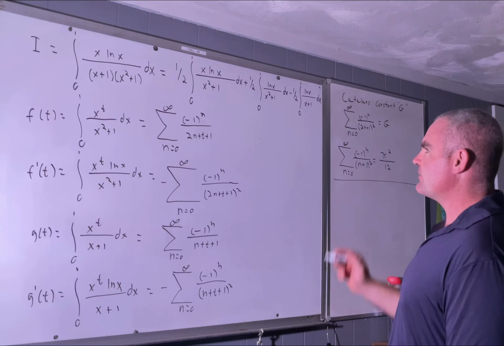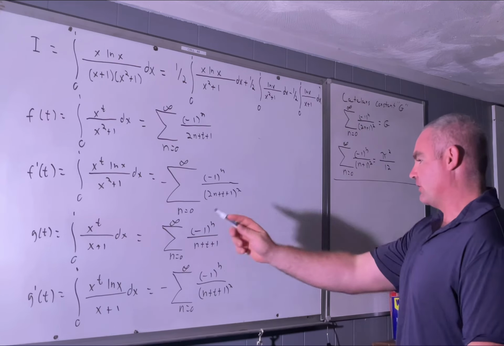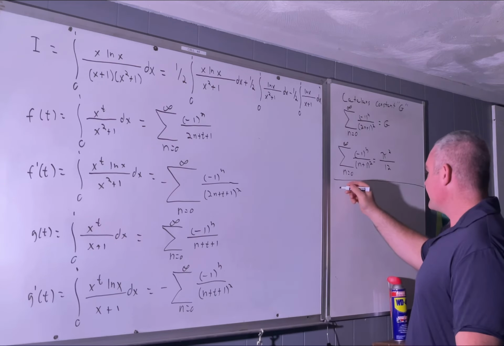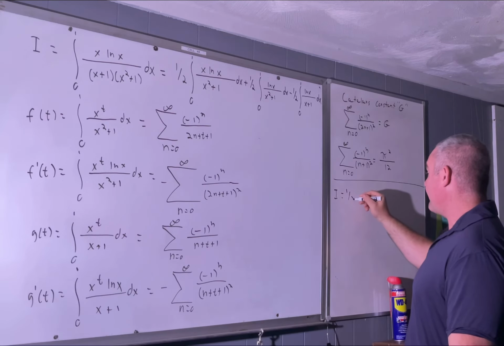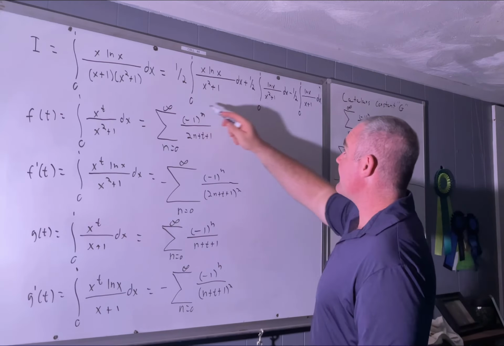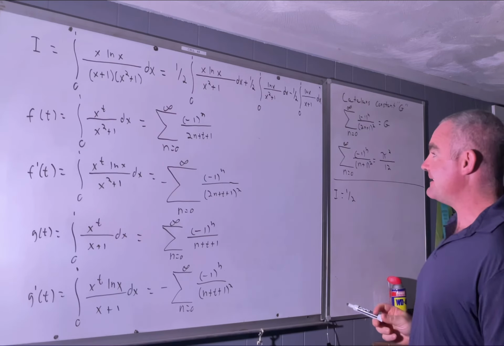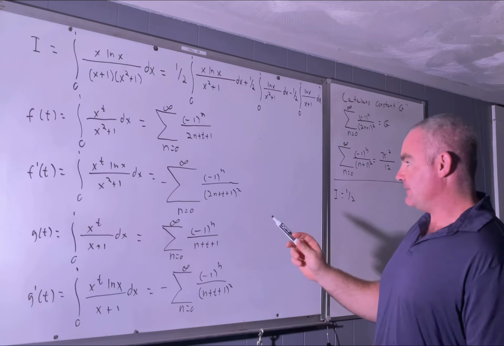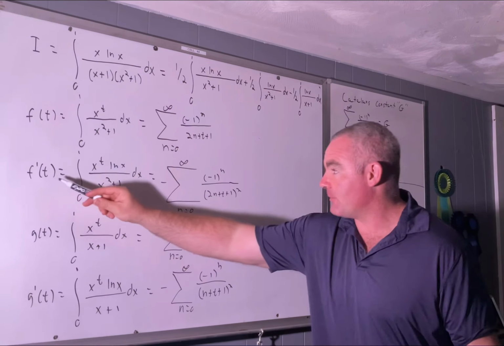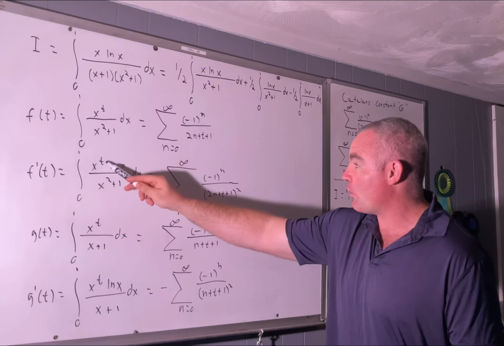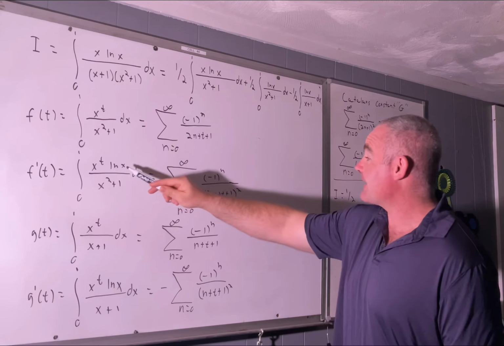So let's just write down I in terms of these pieces. I is going to be equal to 1/2. All right, we need to recover this. Well, that can be recovered by plugging in t equal to 1 into our f prime of t. You see right here, this is our f prime of t. If we plug in t equal to 1, we'll just recover that x.